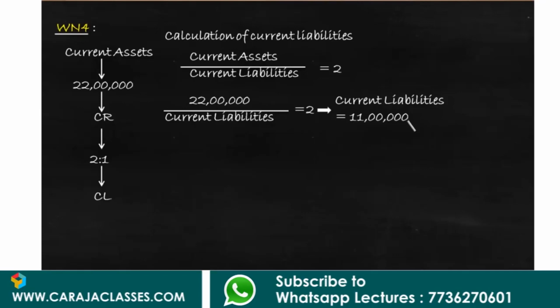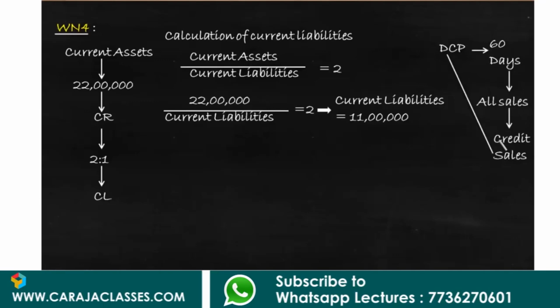Then in question we have information of debtors collection period, which is 60 days, and there is a mention that all sales are credit sales. So by establishing the relationship between the debtors collection period and credit sales, we can find debtors. So we'll have calculation of debtors.